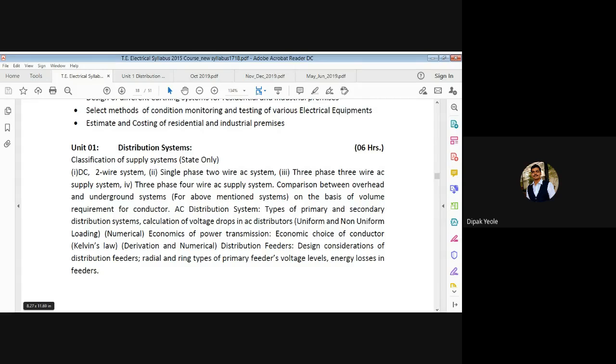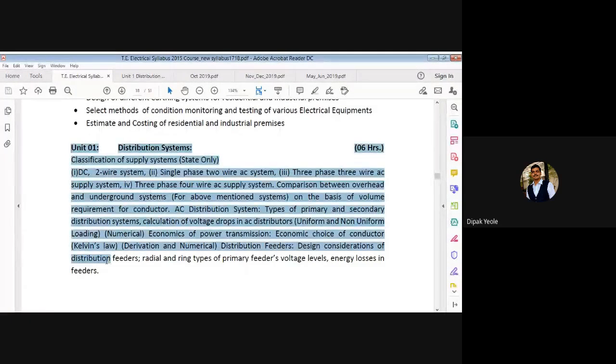So I have summarized the revision in the chat box. Those who have just joined can read the chat box and understand the revision of the last class. Now you can see over here on the screen, this is our Unit number 1. And this unit plays an important role for your in-semester exam.